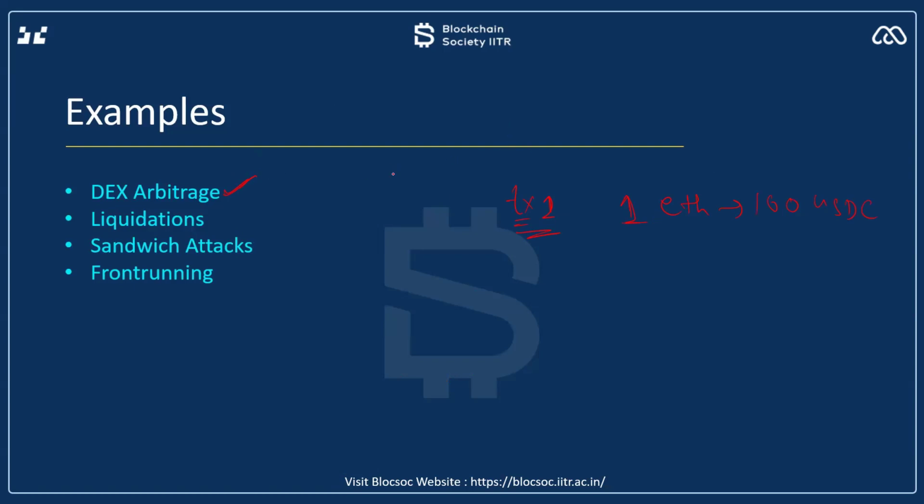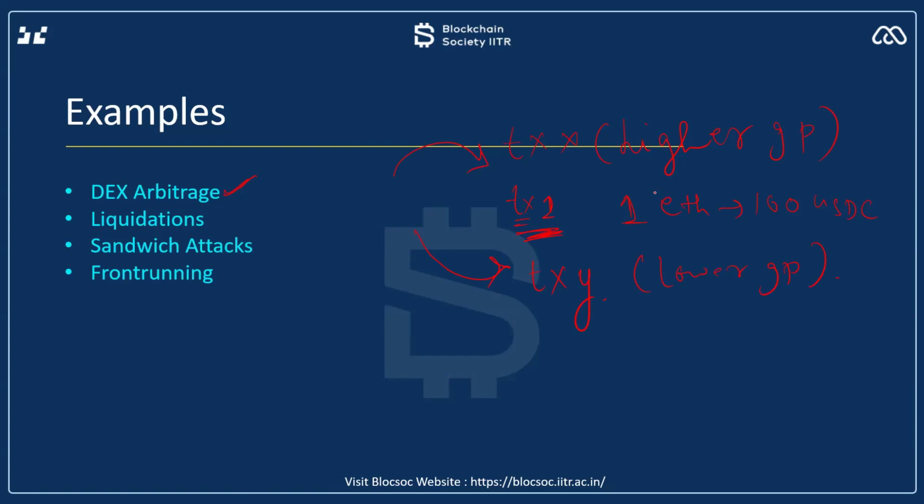The bot will come and front run with a transaction, let's say transaction X, and also give a transaction that will be included after this transaction, transaction Y. This will be with higher fees, higher gas price, and this will be with lower gas price.